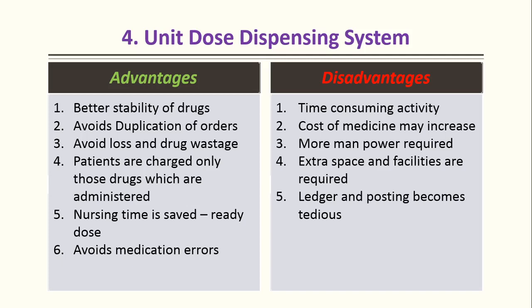Third method is the combination of the first, that is individual prescription order system, and the complete flow stock system, that is a combination of methods 1 and 2. And the last method is the unit dose dispensing system. All these four methods are used in the hospital for dispensing of drugs to the inpatient.